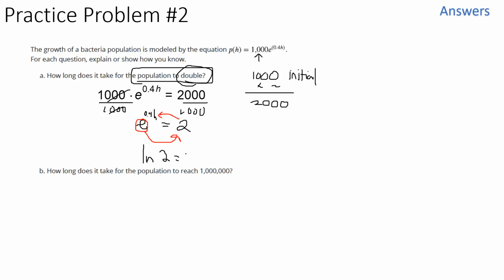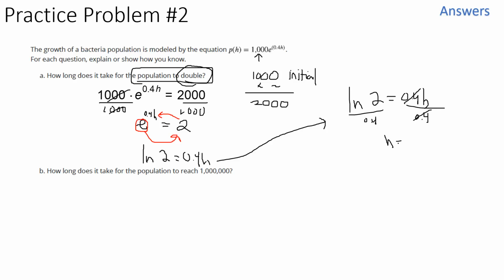Okay, I'm going to continue over here. So now we have natural log of 2 is equal to 0.4h. And since I want to leave h by itself, I'm going to divide both sides by 0.4. So these 0.4s divide, and I'm left with h. Now you've got to get a calculator, and you're going to put natural log of 2, close the parentheses, divided by 0.4, and your answer is 1.7.